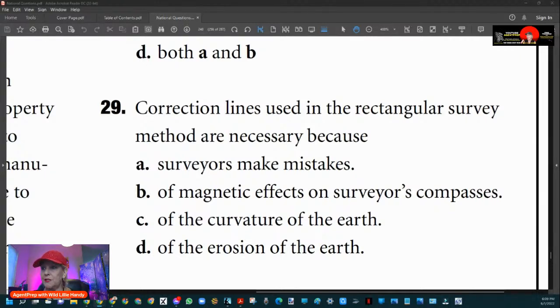Type your answer in the chat. 29D. The answer is not D. So take another attempt.